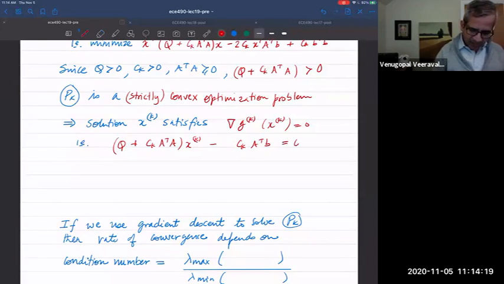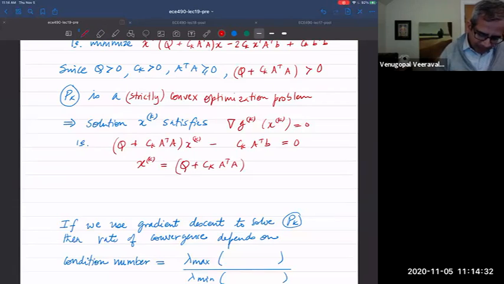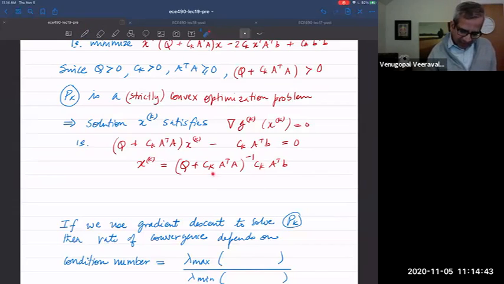And you can solve for xk equals Q plus CK A transpose A inverse times CK A transpose B. I'll take the CK inside, so I have to divide everything by CK.